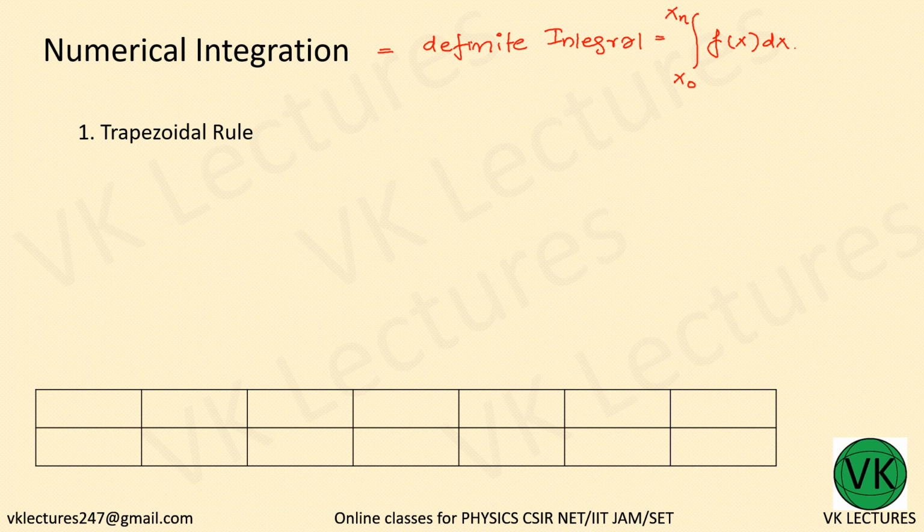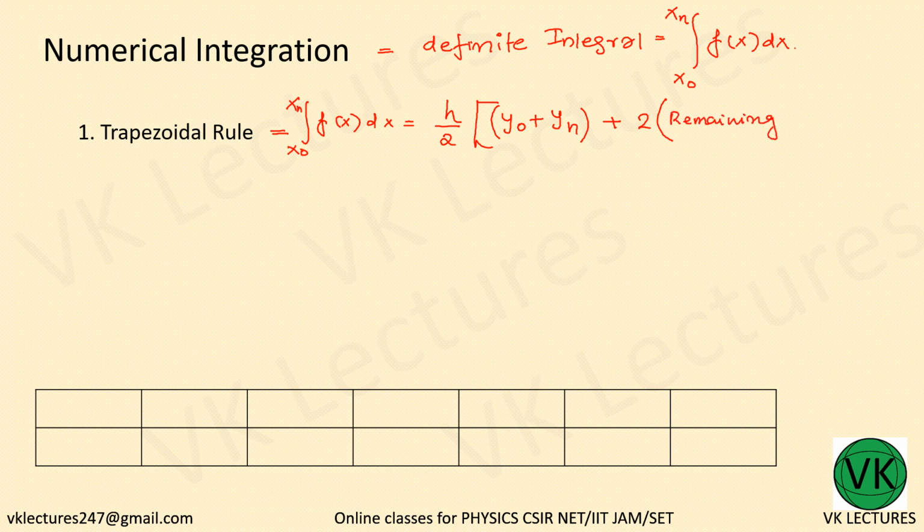Now the first method is the trapezoidal method, where the integration from x0 to xn f of x dx equals, the formula is h divided by 2 into y0 plus yn plus 2 times the remaining y values or remaining terms.